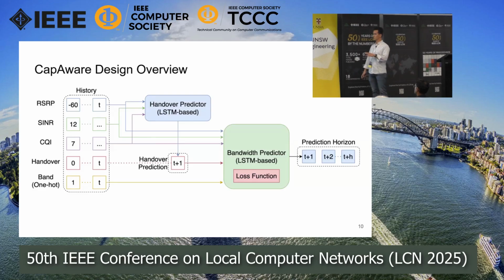This part is also important: the handover information is not just going to the model, but it also goes to the custom loss function during training, so we can train our model in a better way than before. And these three boxes, handover prediction, loss function, as well as the bandwidth prediction, are an outlook for what we are going to discuss in the next steps.